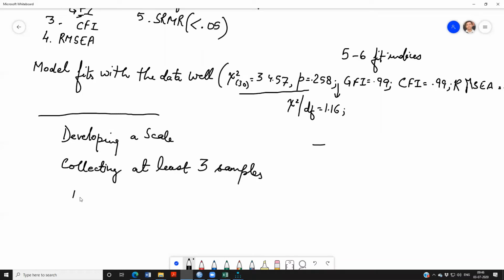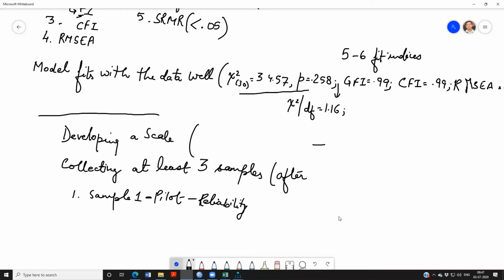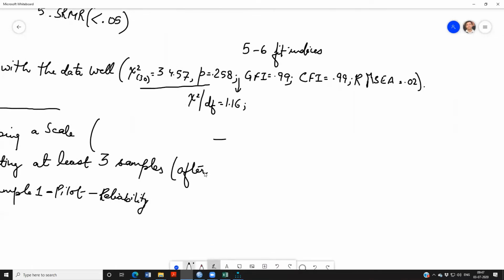The first sample, we can call this a pilot. You will do reliability. Remember, this is different from what comes after you have interviewed people and generated items.